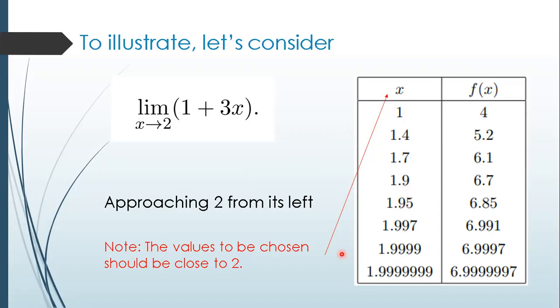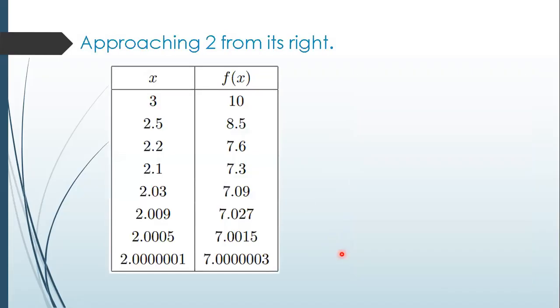Now let's look at how it approaches from its right. So we are approaching 2 from its right. As we all know, 3 is located to the right of 2. If you create a number line, you can double check that.